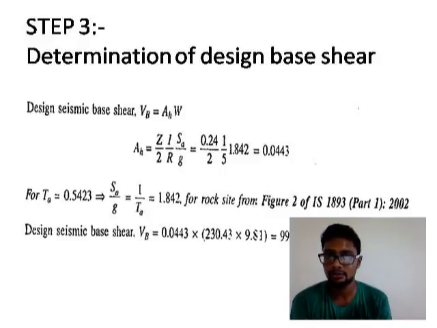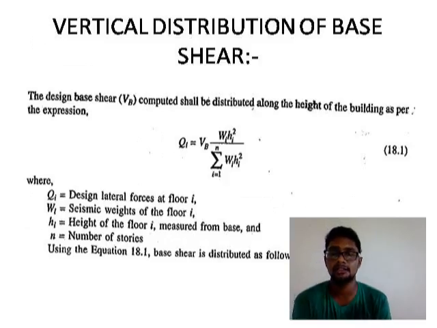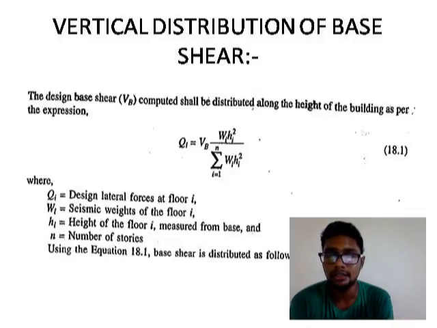After the calculation of base shear, the last step is vertical distribution of base shear. As I said, the shear which comes at the base of the building is transferred to the entire height of the building, and it is given by Qi, which is the design lateral force at each floor level. Qi is equal to the base shear into seismic weight of each floor into height of each floor, divided by summation of seismic weight into the height of each floor.